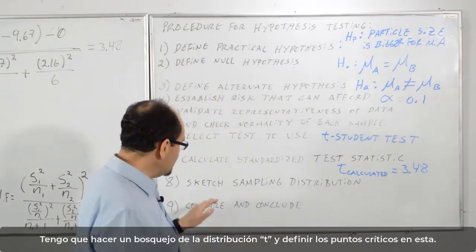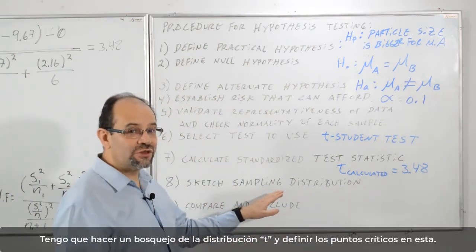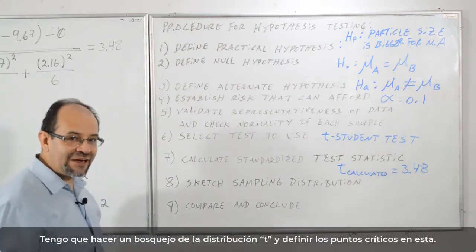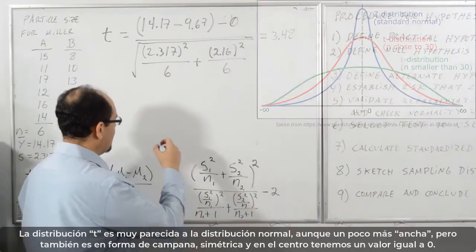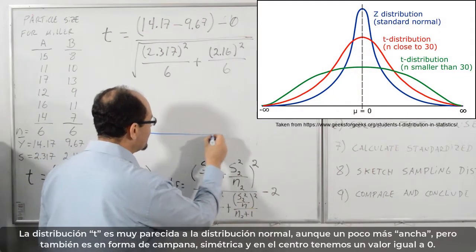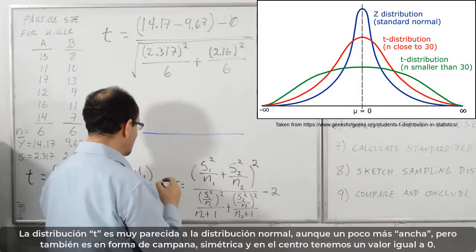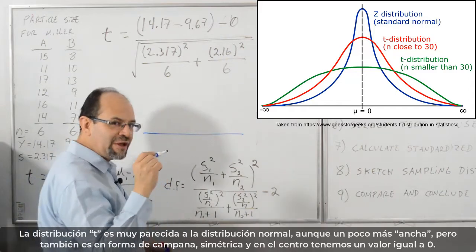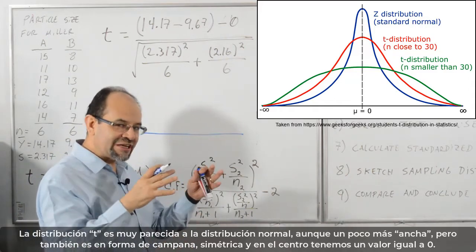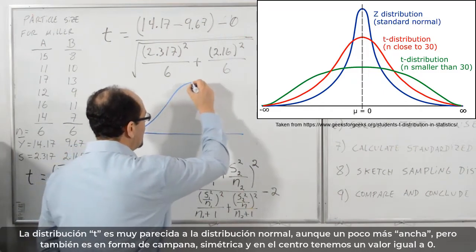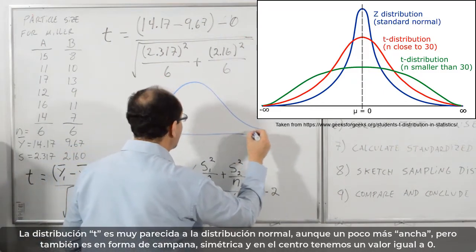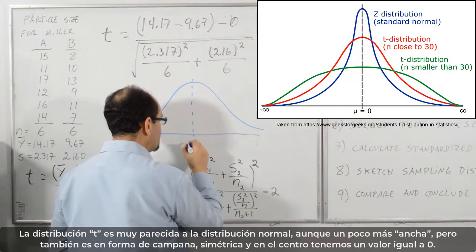What I have to do is sketch the t-student distribution and define the critical points in the distribution. Basically, the t-student distribution is very similar to the normal distribution. It's a little bit fatter, but also kind of bell shaped, symmetric, and the center has a value equal to 0.